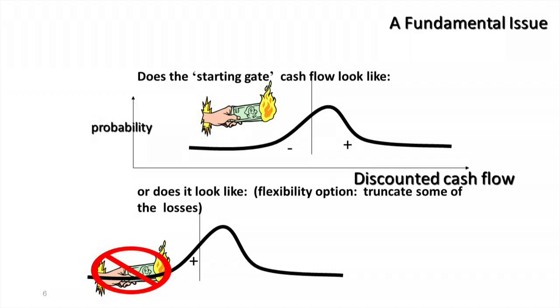That means that there are certain probabilities of losing a huge amount, breaking even, or making a great deal of money. And each of those scenarios or possibilities has a probability on the y-axis.